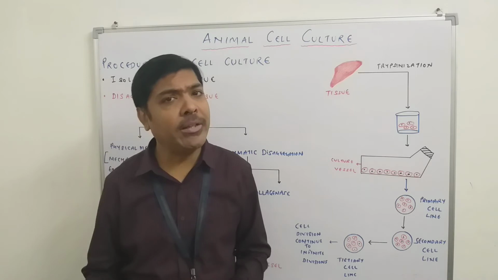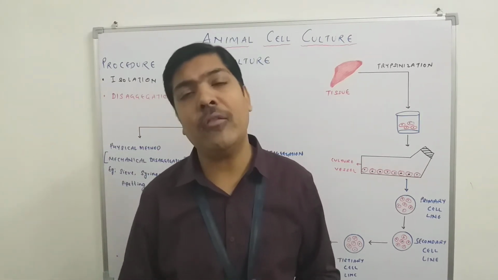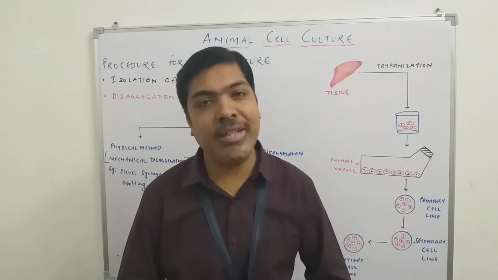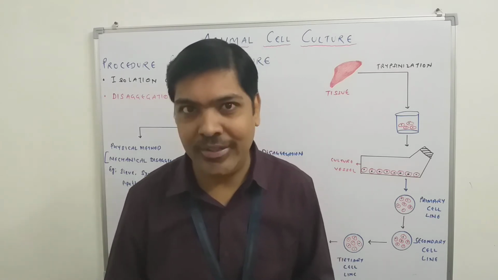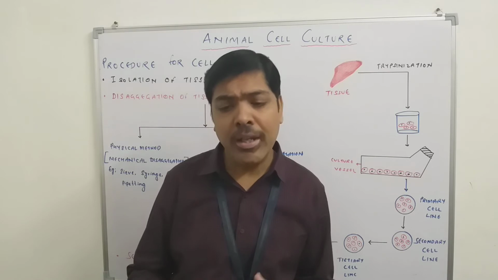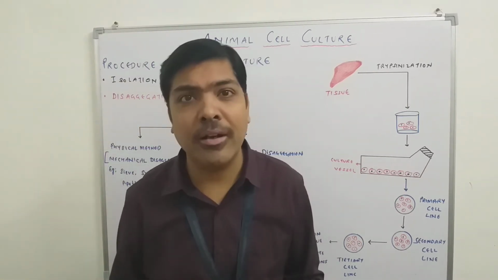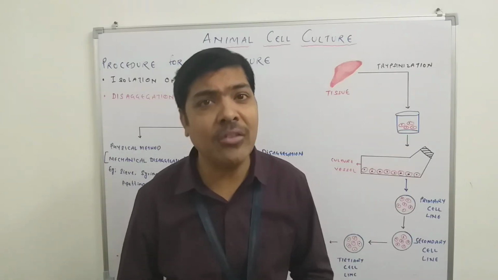So in this method also the same procedure is followed. We have to take the tissue, then we add the enzyme, which is collagenase. After the treatment with collagenase, we can keep this particular tissue mass on some stirrer, so that the collagenase is continuously in contact with the tissue.